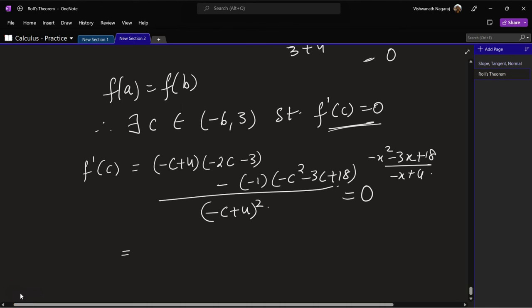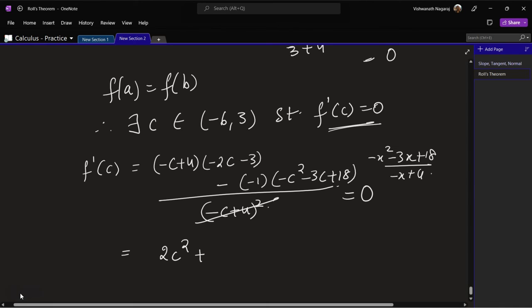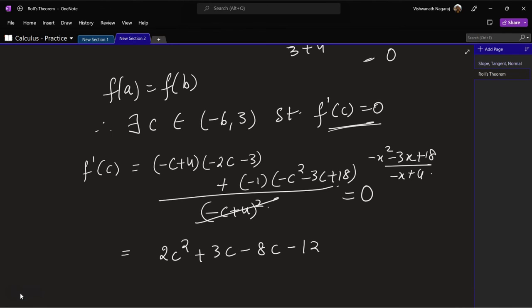So now let's simplify. The denominator will disappear when we take it to the other side. So we would have minus into minus plus 2c square plus 3c minus 8c minus 12, minus into minus plus, so we can just blindly write this, c square minus 3c plus 18 equal to 0.